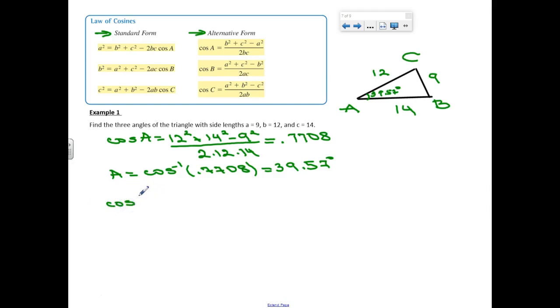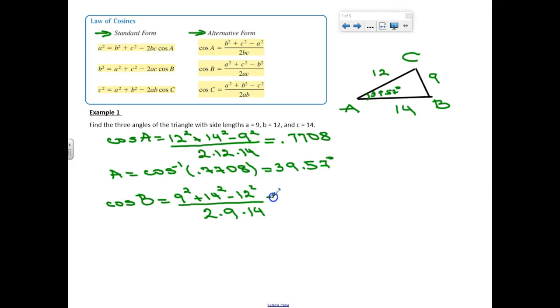For angle B, we get that the cosine of angle B is equal to, and we're going to replace each of the sides A, C, and B in the formula for cosine of B. So cosine of B is equal to 9 squared plus 14 squared minus 12 squared, and that is divided by 2 times 9 times 14.